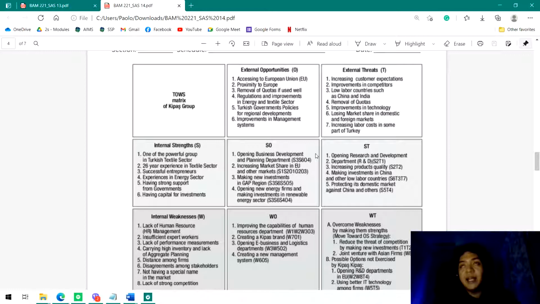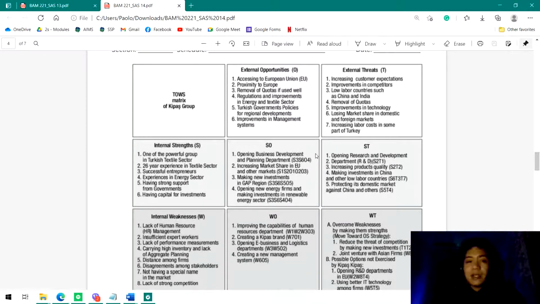So ibig sabihin meron tayong experts na tayo sa textile and sector industry. Tapos meron tayong threat na increasing customer expectation. So ibig sabihin yung market natin pala, tumataas yung expectations nila doon sa quality ng textile na pinoproduce natin.